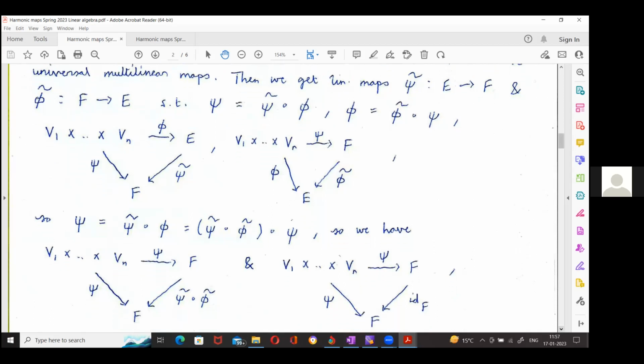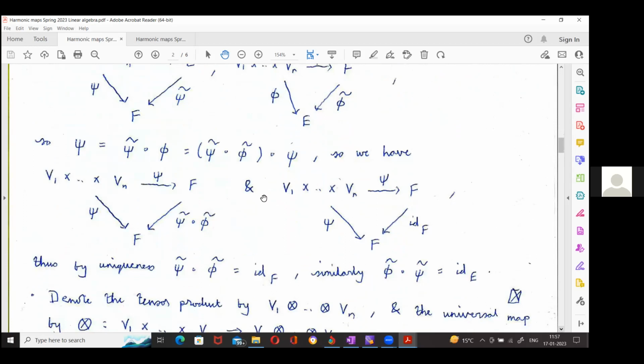So what does that mean? That means that ψ factors through ψ with this linear map, ψ tilde composed with φ tilde. So we have this commutative diagram, ψ going here, and then this is factoring through ψ composed with ψ tilde composed with φ tilde.